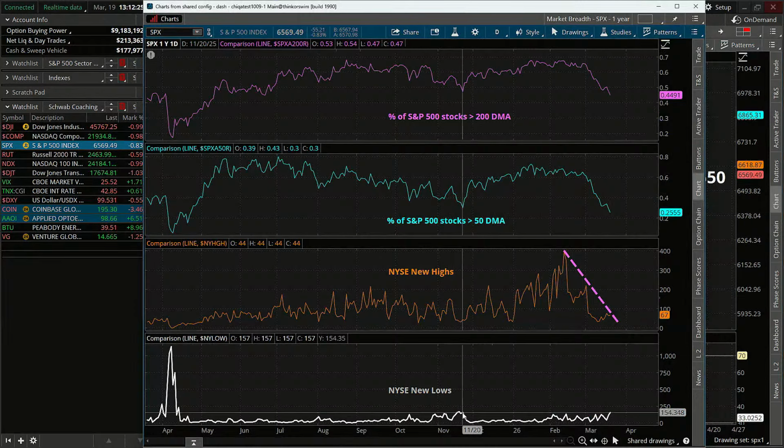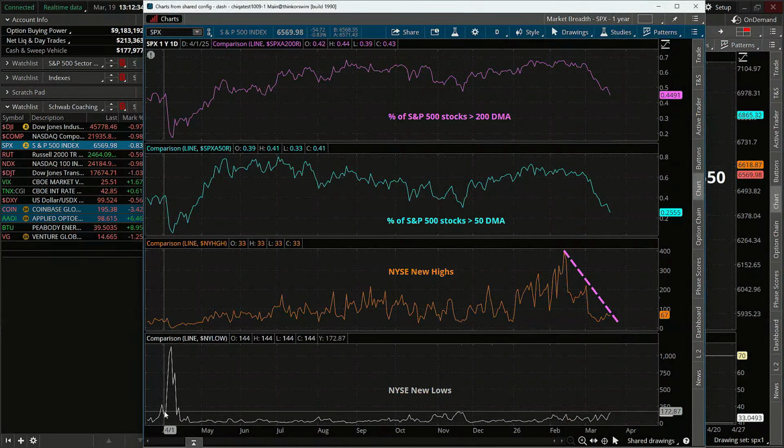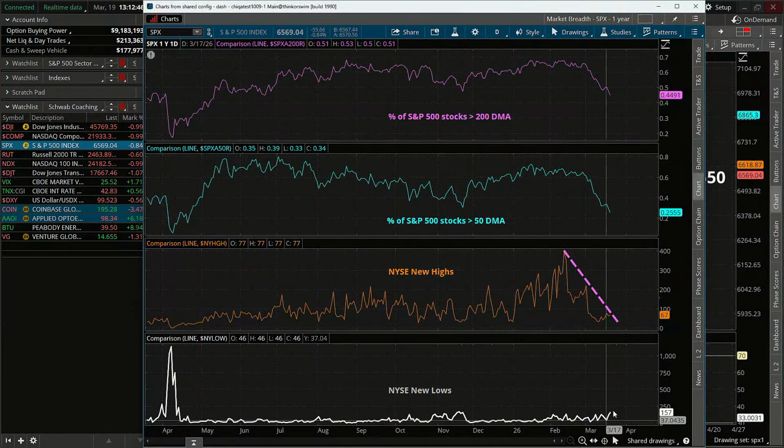So some of the highest levels that we have seen since November during that correction, we're not yet getting a huge spike like what we saw back in April, which is typically what you're going to see in larger corrections. So for a lot of traders, they want to watch this list here, but it is slowly expanding.